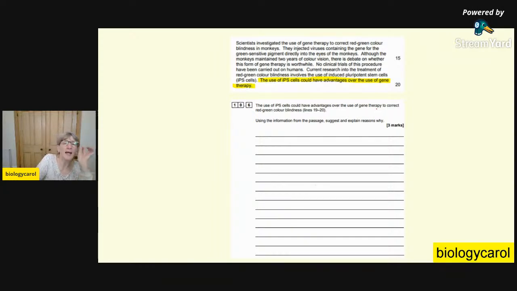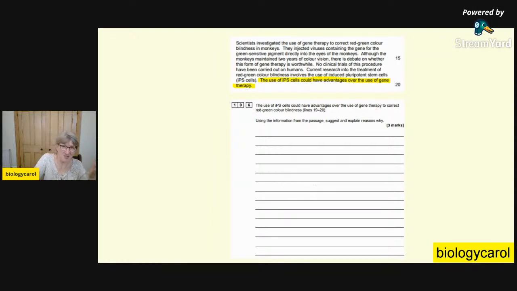And then I had a mini revelation that induced pluripotent stem cells have, of course, come from adult cells. So if they took an adult cell from the patient and then made induced pluripotent stem cells and injected them into the person's eye, then that would mean that there wasn't any rejection.